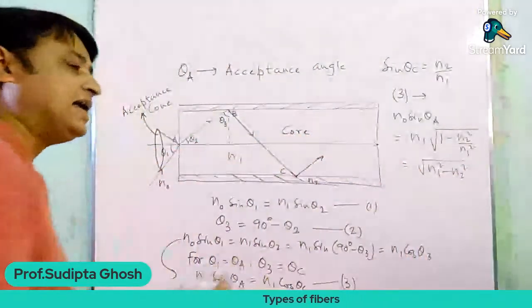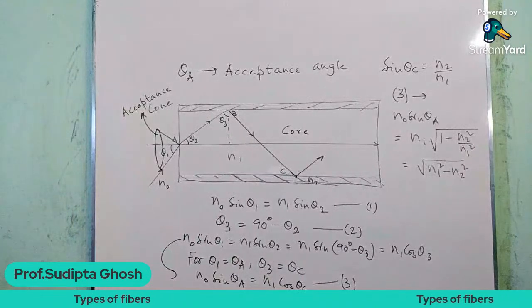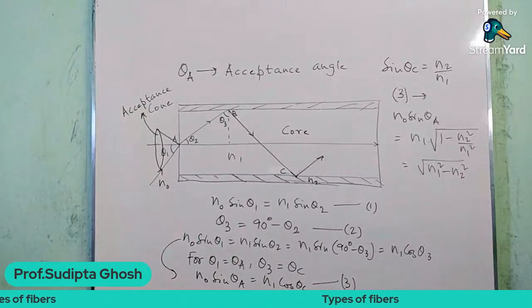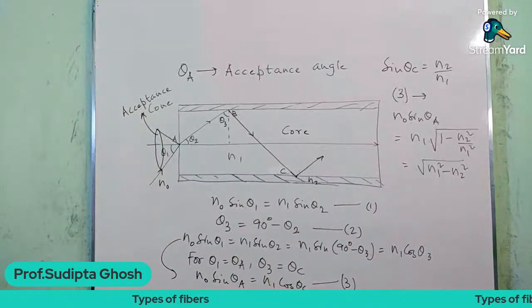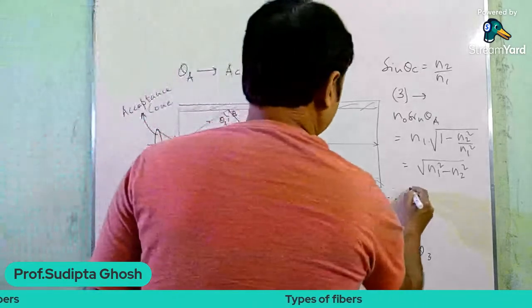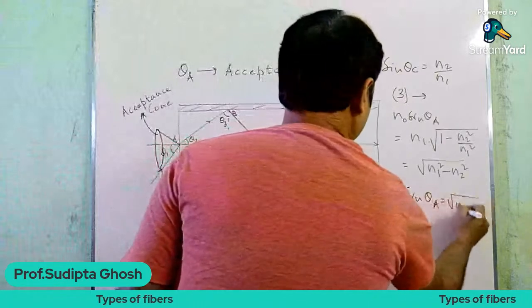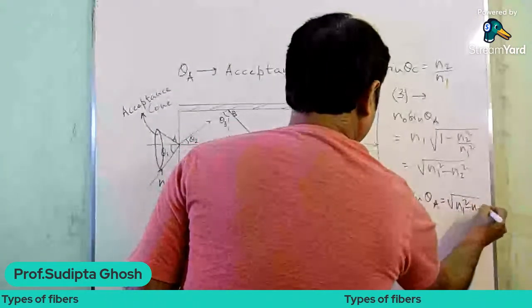Now, as n0 is the refractive index of the outside medium of the fiber, we may consider the value of n0 equals 1. So we have sin theta A equal to the square root of n1 squared minus n2 squared.